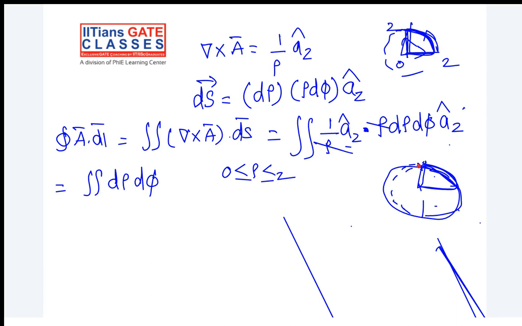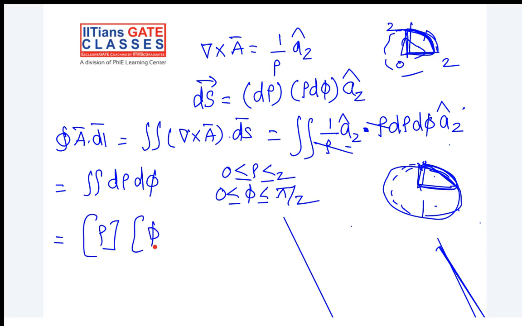So do the integration now. Integration of d rho will be straight away rho, and this will be phi, rho from 0 to 2 and phi from 0 to pi by 2. So what is the answer you will get? Pi.